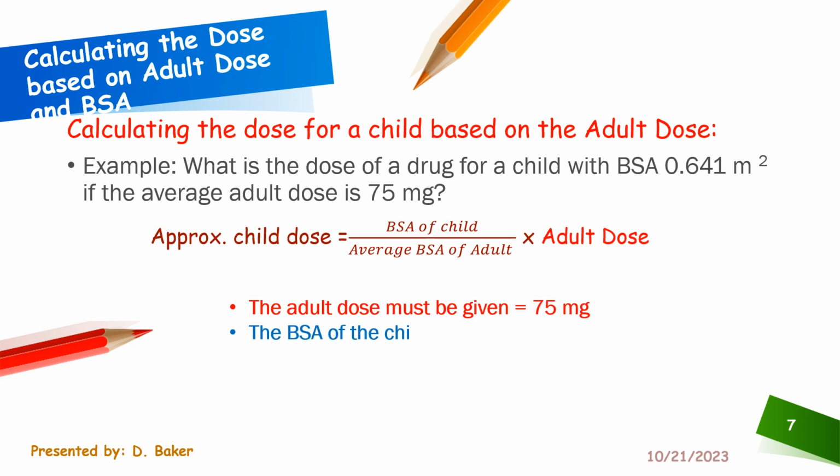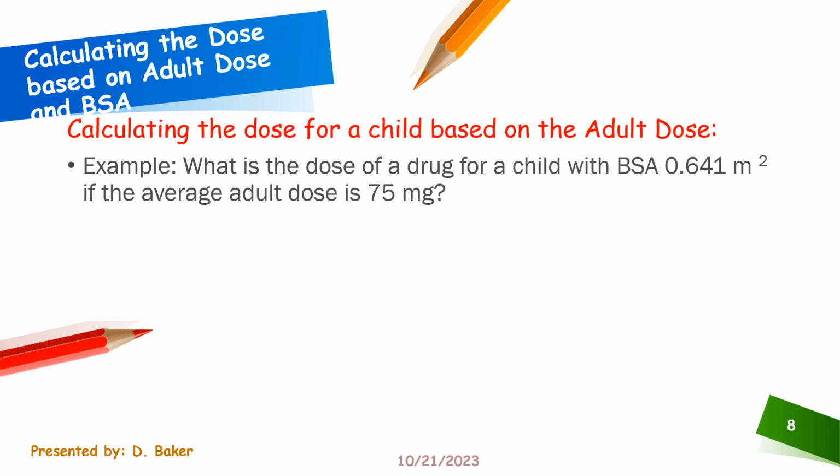The adult dose for the specific drug is 75 milligrams, and the body surface area of the child is 0.641 meters squared. The average adult body surface area, or constant, that we're given is 1.73 meters squared. Once you apply all of that to the equation, your response should look something like this.